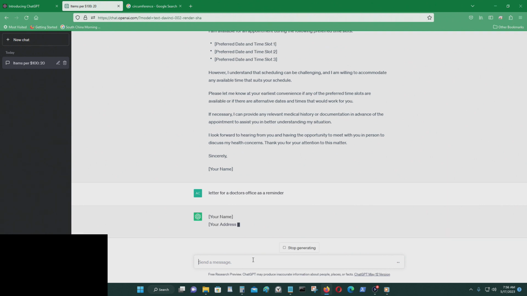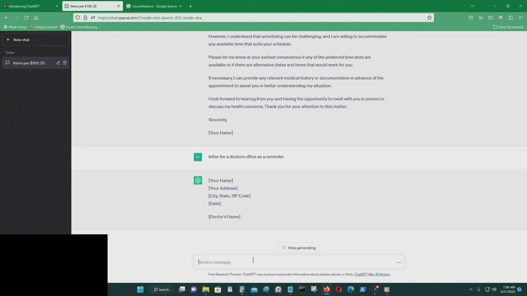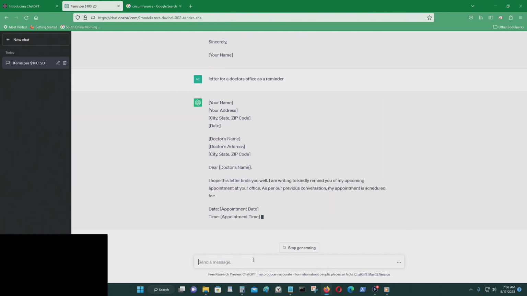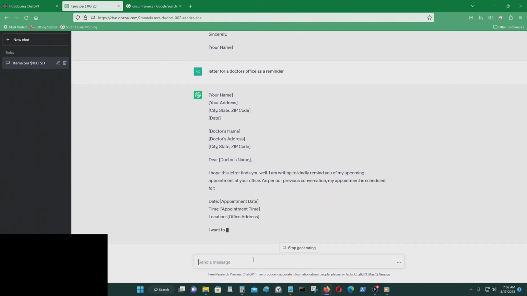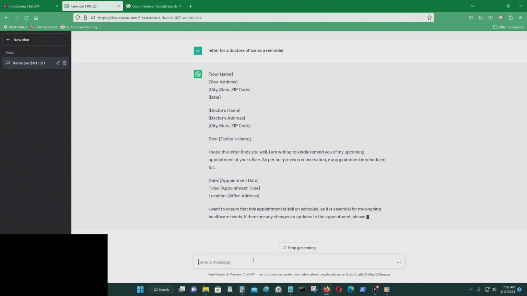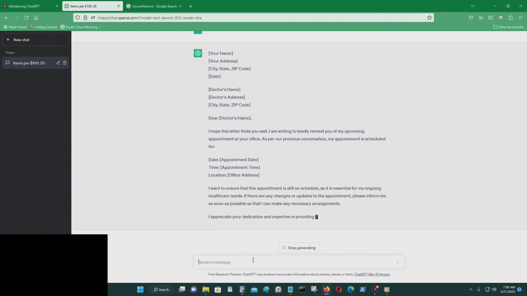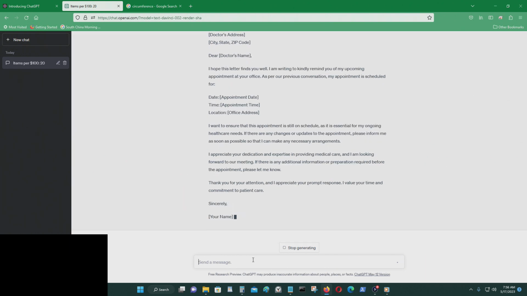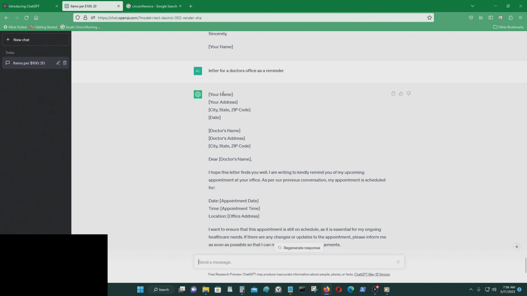Letter from doctor's office as a reminder. Okay. Let's see what it wrote. Patient's information, doctor's information. I hope this letter finds you well. I'm writing to kindly remind you of my upcoming appointment at your office.